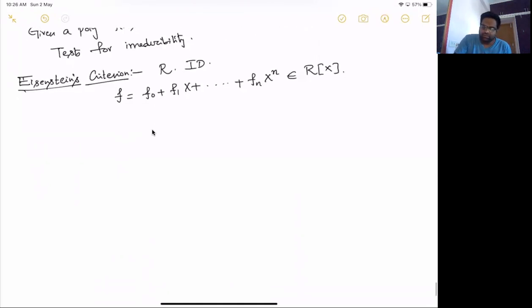This has the following property: F0, F1, up to Fn are relatively prime.